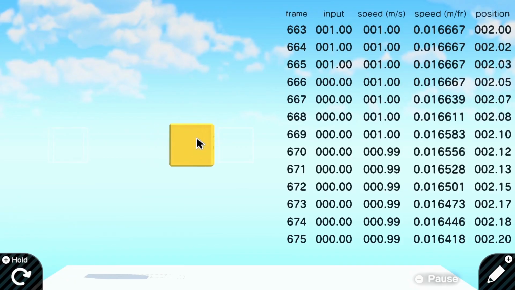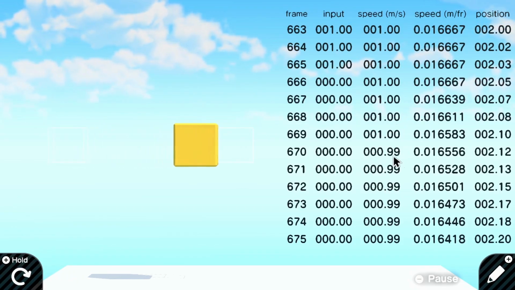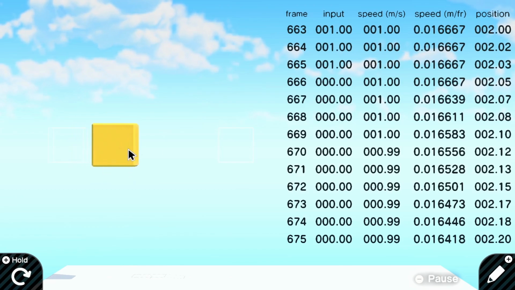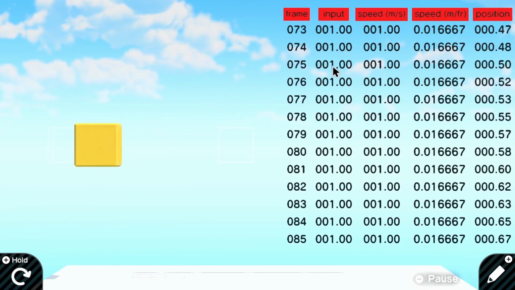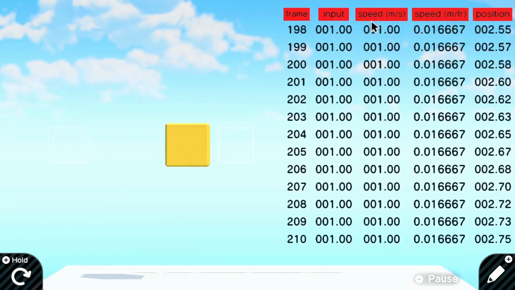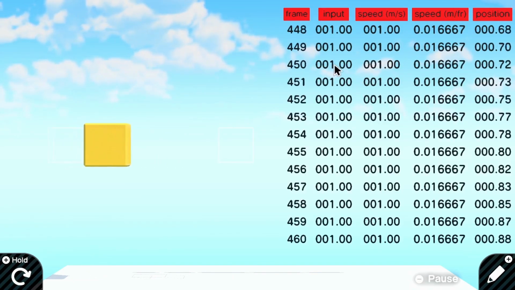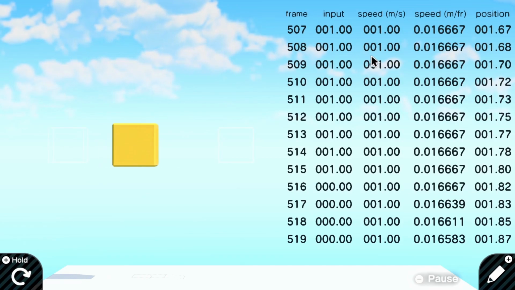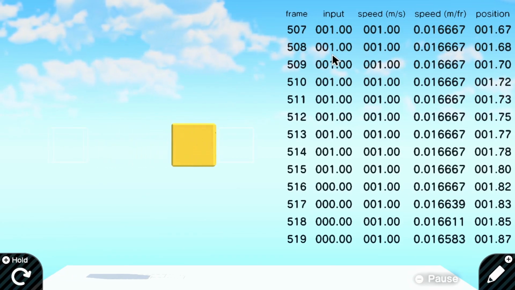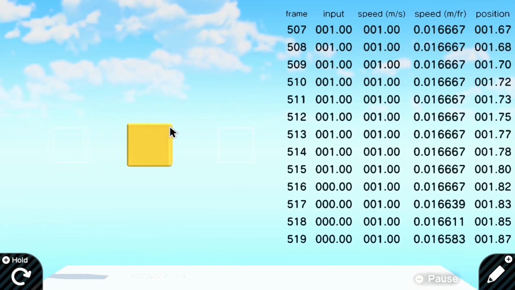Well, recall, since every frame objects actually lose a bit of their speed, for speed moving objects, when we're already at our target speed and we send it an input, it doesn't actually send nothing here. So at this point, the input is actually still accelerating the moving object.